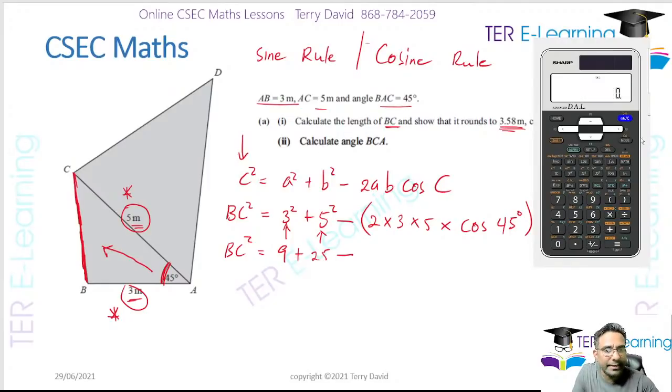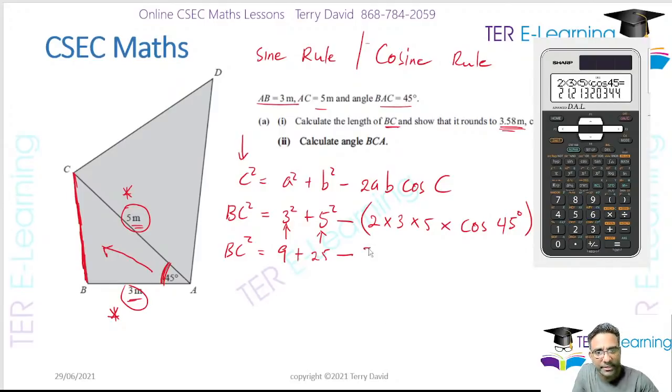So this part here is going to be 2 multiplied by 3 multiplied by 5 multiplied by cos 45, which equals about 21.21.